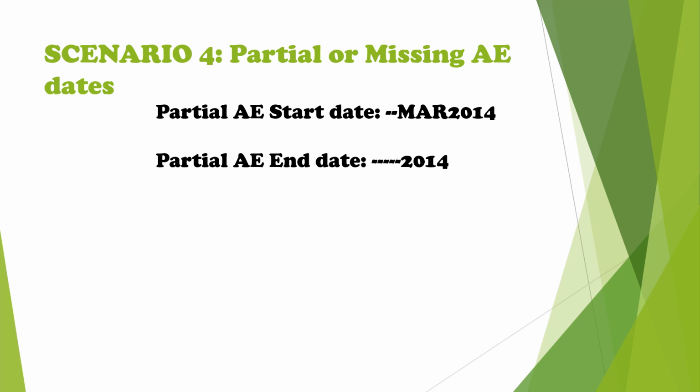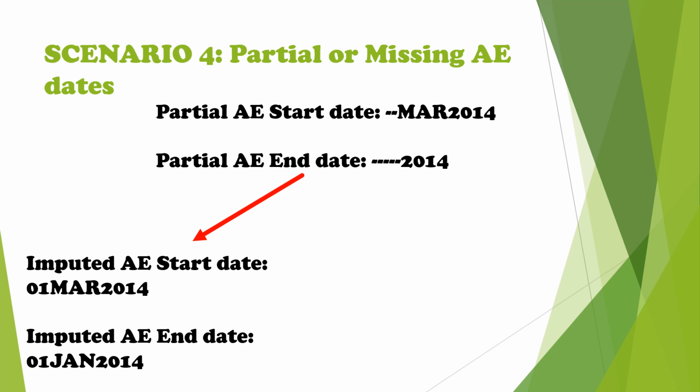Now, if we impute these partial dates based on the first day, first month approach, we will end up getting the imputed AE start date as 01 March 2014 and the imputed AE end date will be 1st January 2014. Apparently, the imputed AE end date is before the imputed AE start date.